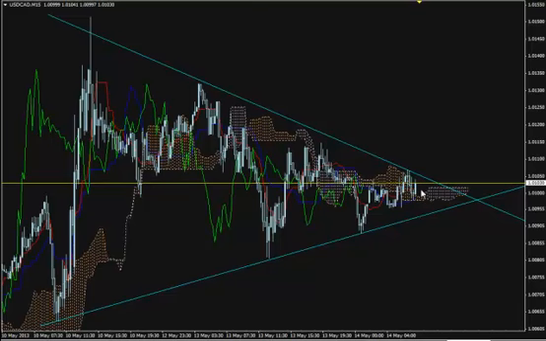Once we see the reversal going on here and everything going clearly bullish on the M15 chart, it means that price will go up. And so I was telling you that we are going to see a bullish reversal.